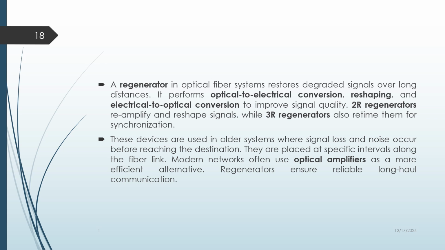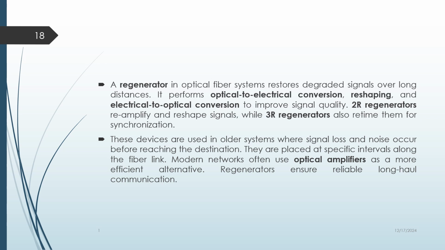A regenerator in an optical fiber system restores a degraded signal over long distance. It performs optical to electrical conversion, reshaping, and electrical to optical conversion to improve signal quality. 2R regenerators reamplify and reshape the signal, while 3R regenerators also retime it for synchronization.